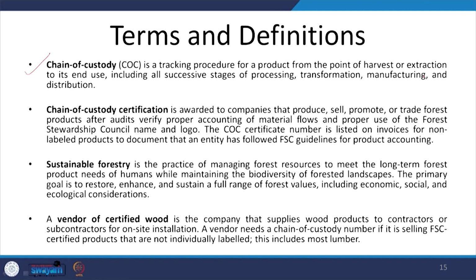So, it is for the entire life cycle of the product, and at each successive stage, from extraction to processing, transformation, manufacturing and distribution, we identify the custody under whom this material is being processed or transformed, and we establish a chain of custody.